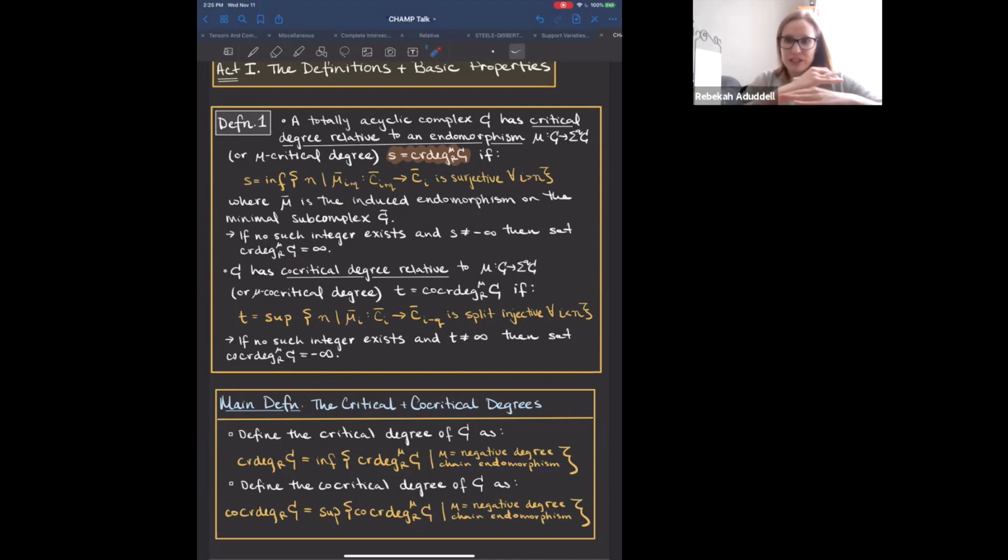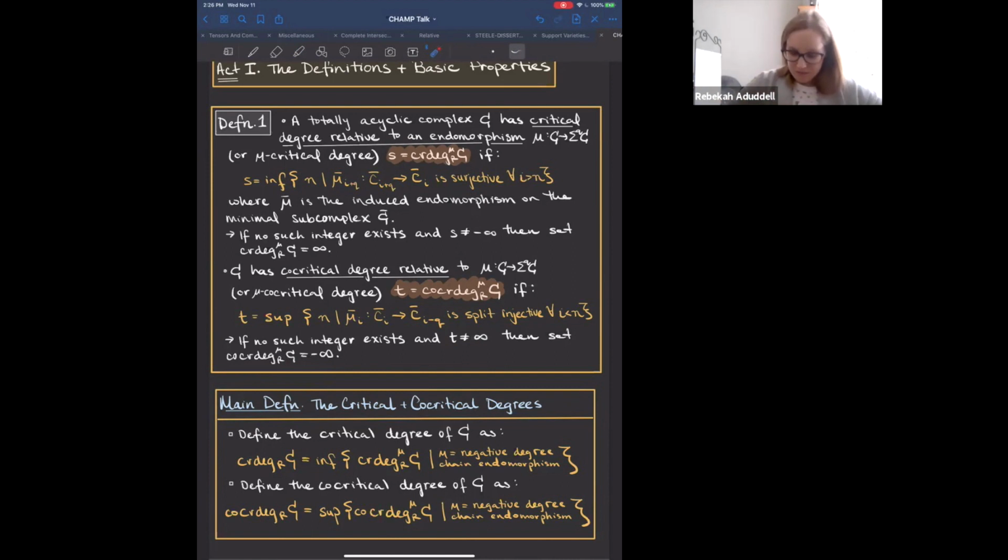Now, similarly, we're looking at a doubly infinite sequence here. So we have a dual notion of co-critical degree relative to a chain endomorphism. And so this is going to be defined as the largest integer N such that the induced endomorphism at degree i is split injective for all i less than N. And then if no such integer exists and it's not infinity, then set the mu co-critical degree to negative infinity.